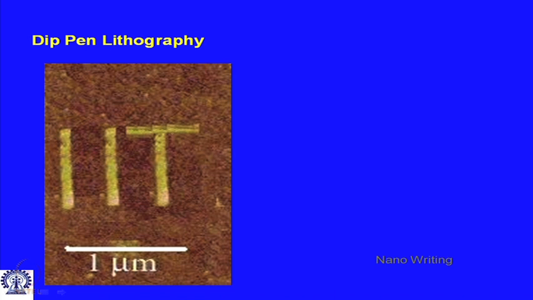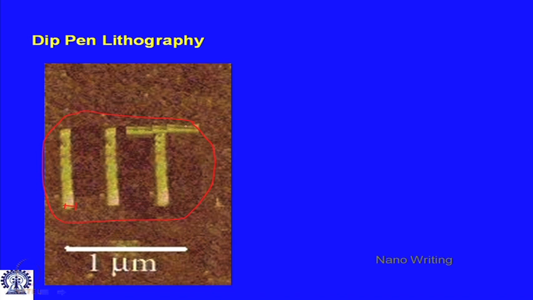So, here you can see we wrote something using SAM molecules. Of course, this is a little wider, roughly about 80 nanometer width. There were multiple movements to make it visible. What is more interesting and important to realize is that this image is not a topographic image, but a phase contrast image, because if you write with SAM molecules, these are virtually heightless single layer molecules.